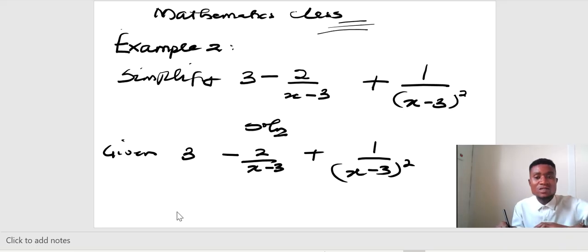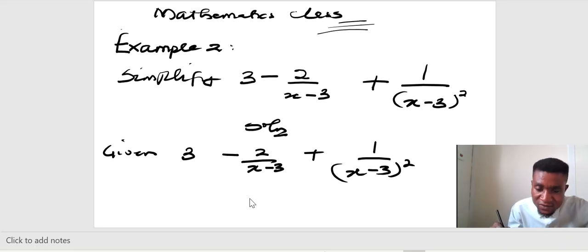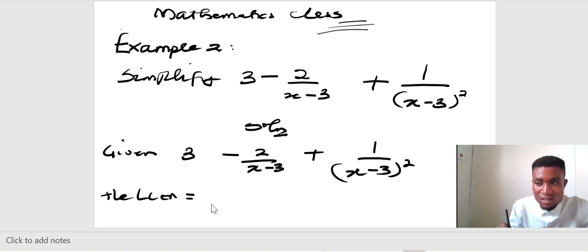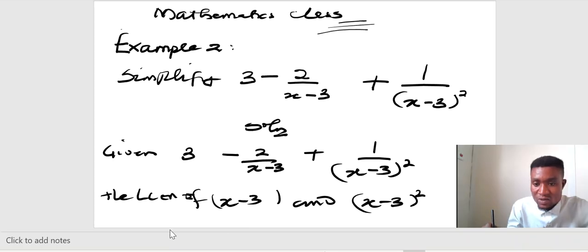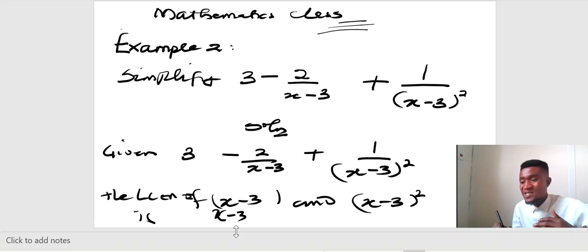If you look at this question very carefully, you discover that the LCM of x minus 3 and (x minus 3) squared is x minus 3. Why? Because x minus 3 is a subset of (x minus 3) squared.